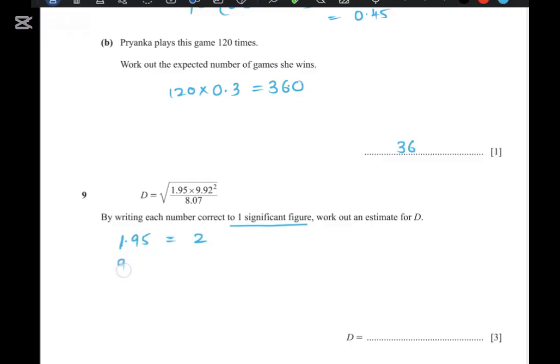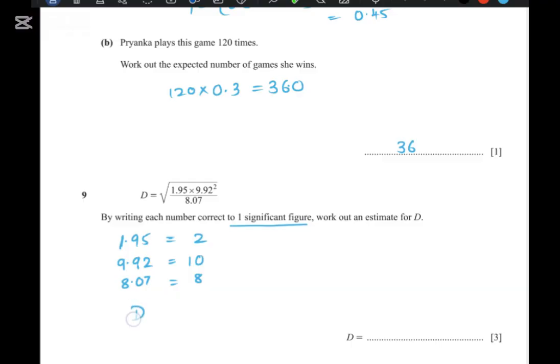Then 9.92, if I write to one significant figure, it will be 10, because it is 9 which I have to round, and after 9 it is 0.92 which is greater than 0.5, so it is 10. Then 8.07 can be written as just 8, because 0.07 is less than 0.5.